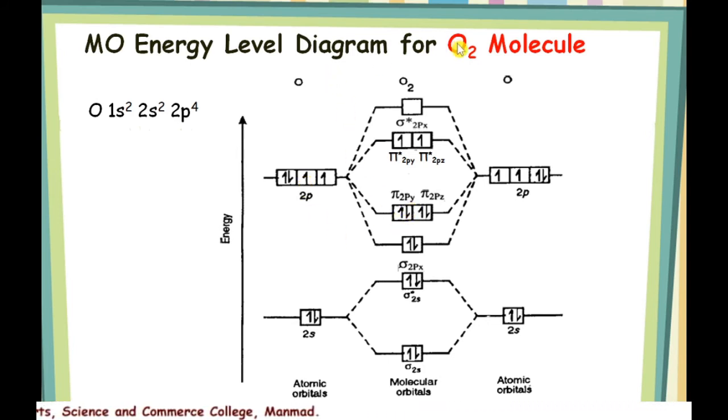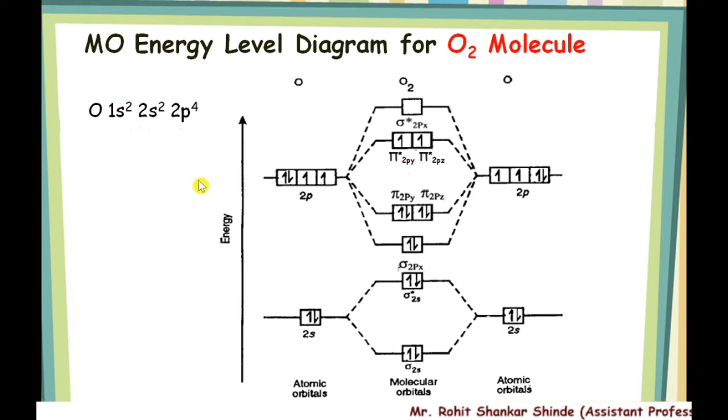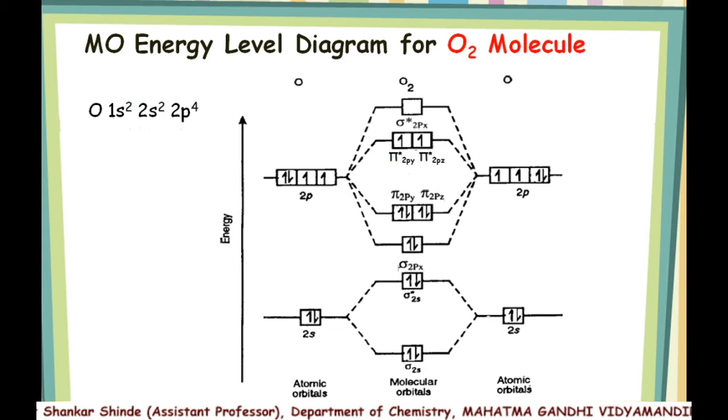In case of O2 molecule, there are 8 plus 8, 16 electrons present in an O2 molecule. If more than 14 electrons are there in a molecule, the sequence of energy levels of molecular orbitals is different, as we have seen in the previous example.